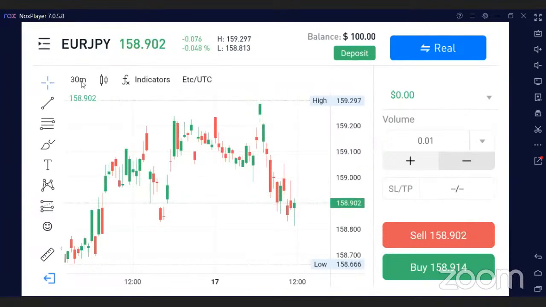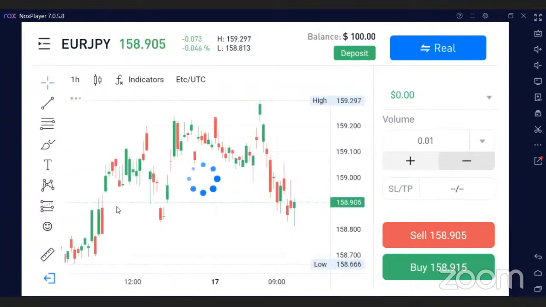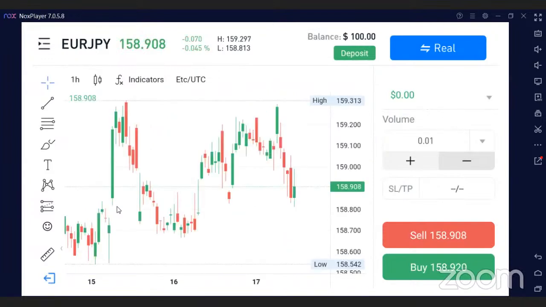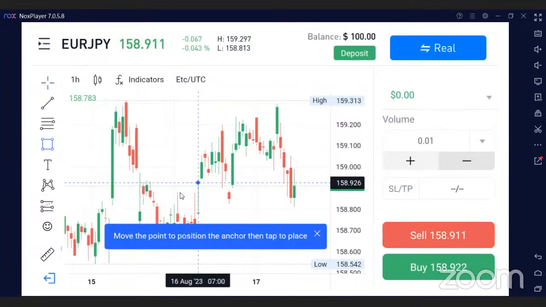So I hope you guys understand what support and resistance means now. Okay, so we are setting our support zone around this area.